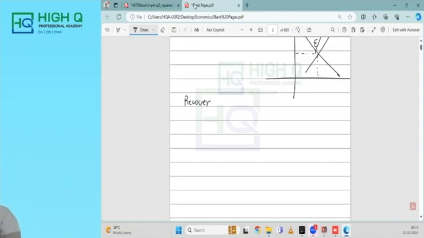Recovery phase. Yes or no. In recovery phase, it starts from the labor market. Wages will be lower than the prevailing rate. Yes or no?